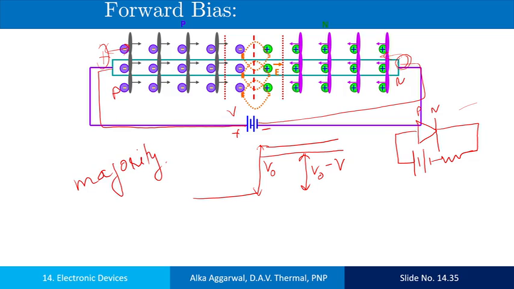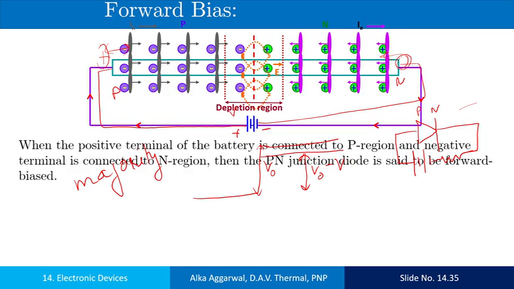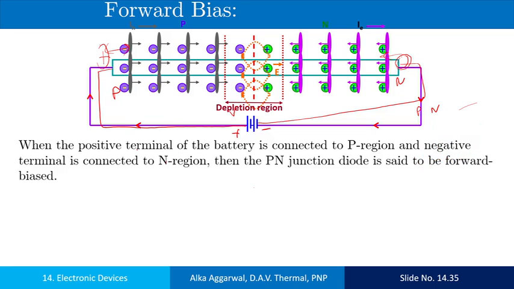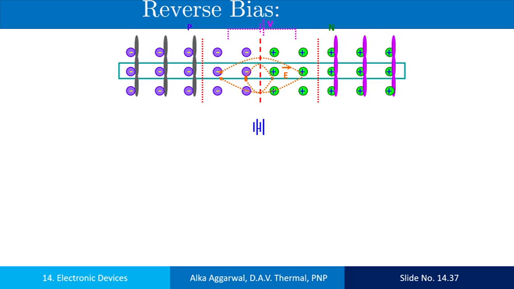Now the reverse biasing. In reverse biasing, the P region is connected with the negative terminal of the battery and N is connected with the positive terminal of the battery.